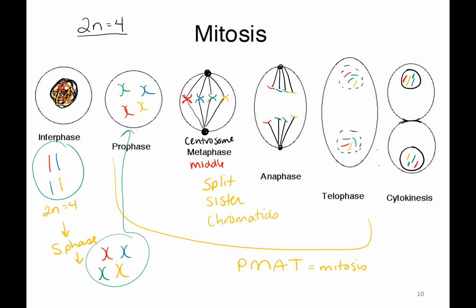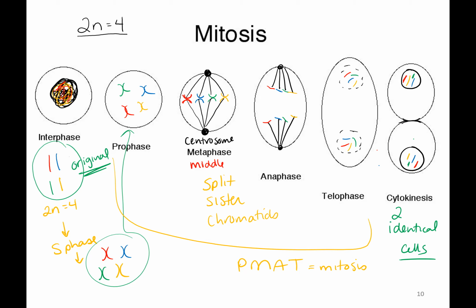So here was the original cell, right? We replicated the chromosomes and then we split them. And so now we have two identical cells. Just looks just like what we started with.